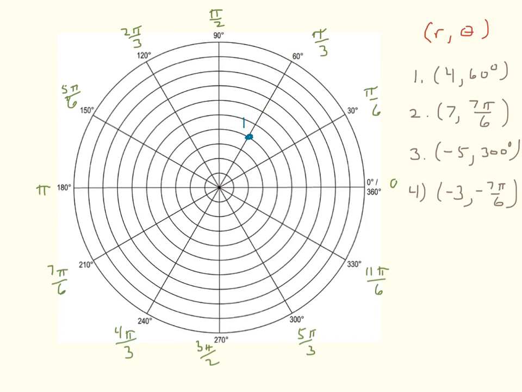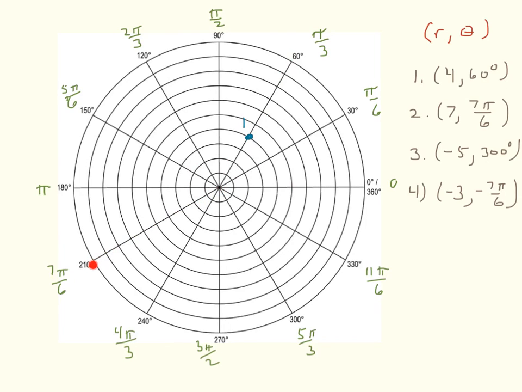Now, I can do this again with radians as well. 7, 7 pi over 6. So I'm going to start out here at the pole, looking down here. And I'm going to rotate 7 pi over 6 radians. So I'm right here, and now I'm looking right down at this. I'm at the pole, staring down here.